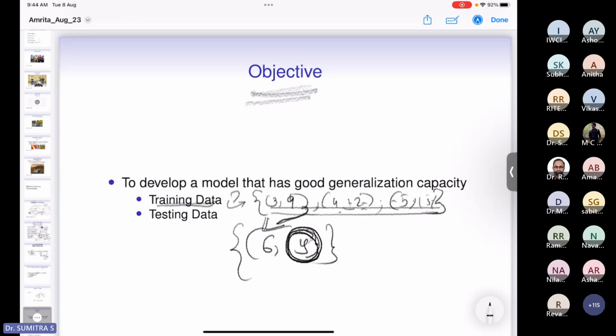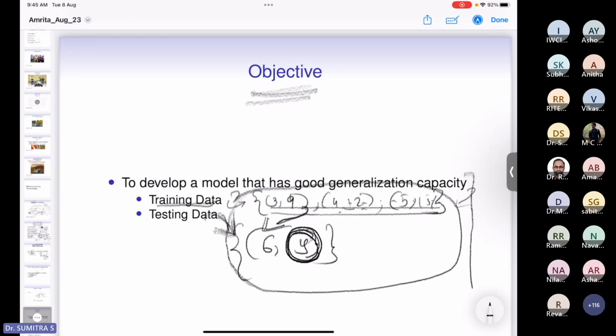There will be some testing data to check the performance of the model. Why are we using this testing data? We want to check whether the model suffers from overfitting or underfitting, and whether the algorithm we have selected is good enough. For that, we use a separate set of data to check its performance.